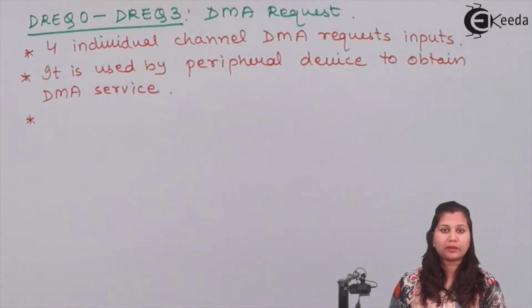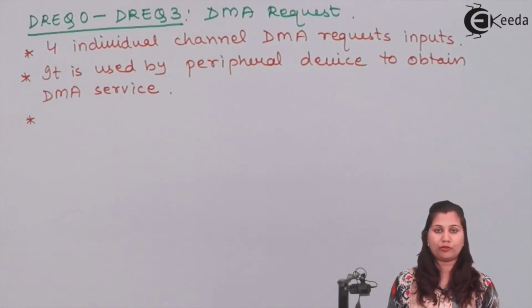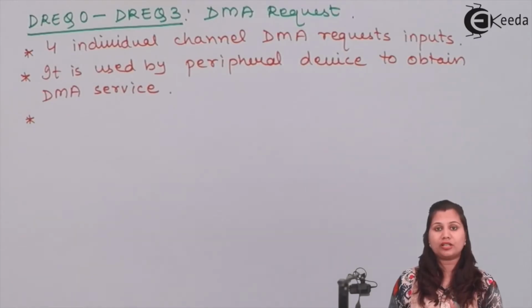In this fixed priority mode, the priority of all the channels decides which device will communicate first, because it has 4 channels, so 4 input output devices can be connected. Suppose all the 4 input devices want to communicate with the microprocessor at the same time. Which peripheral device will the microprocessor communicate with first?